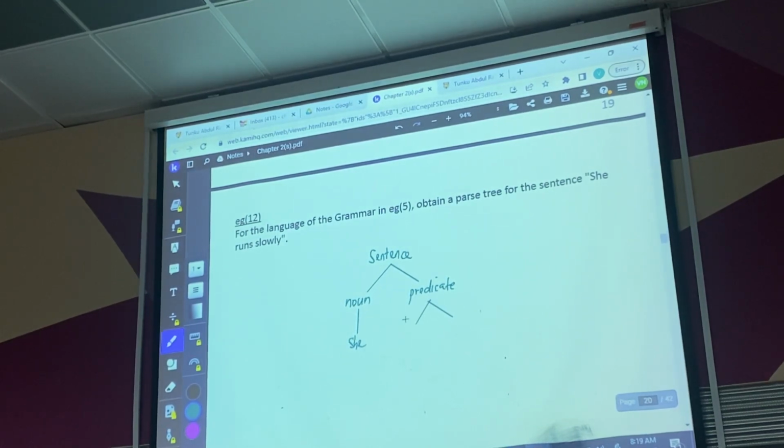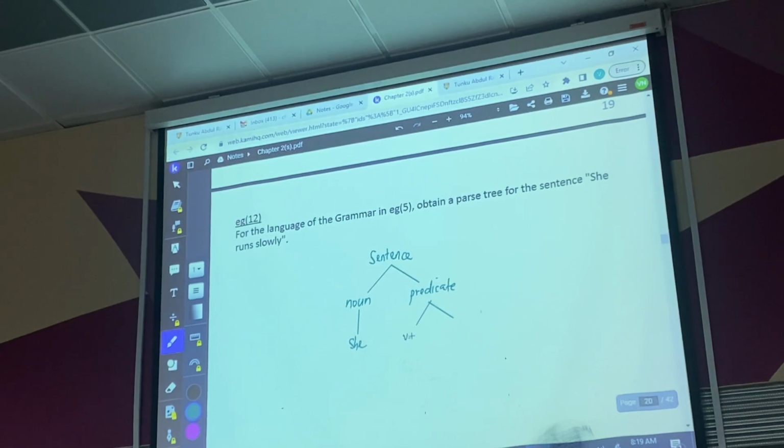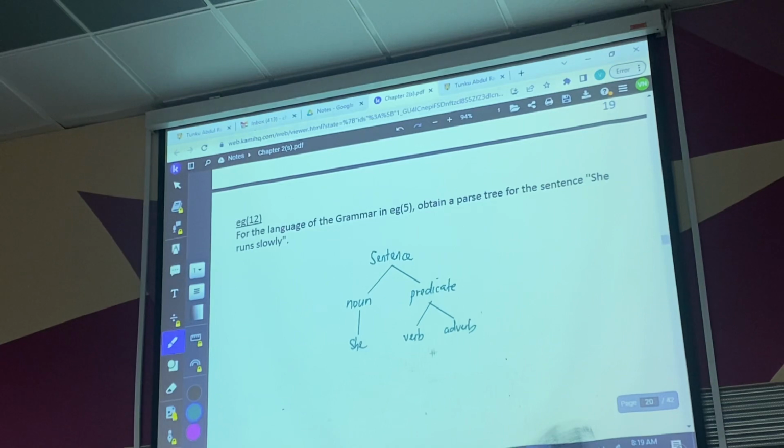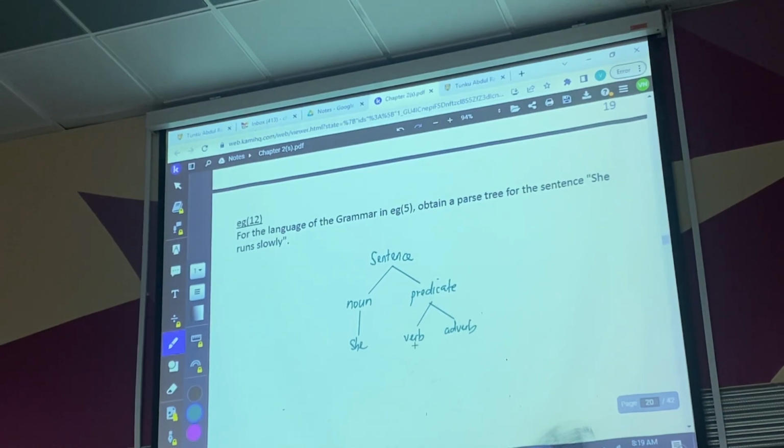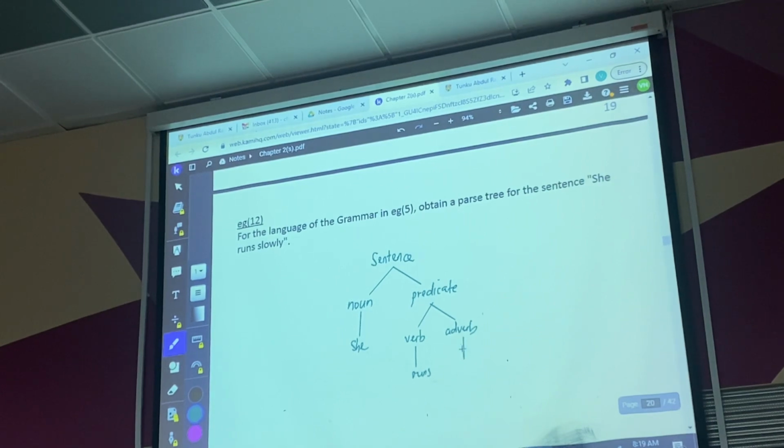And for the predicate, we can substitute it with verb and adverb. Verb is "runs", and adverb is "slowly".